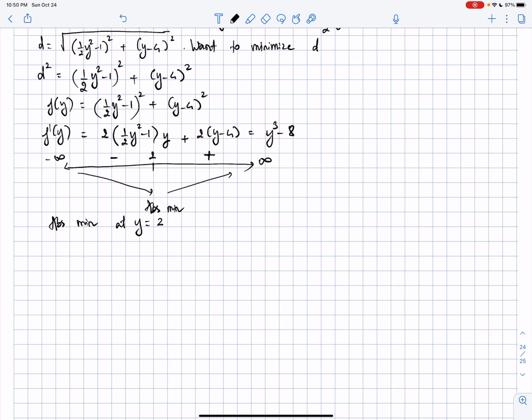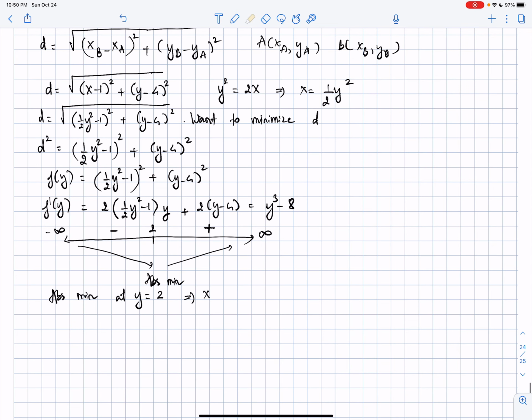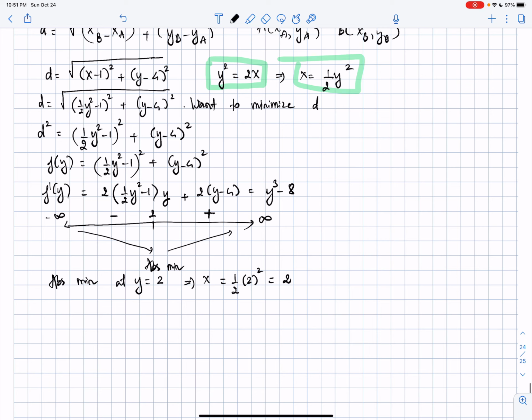Then to find the x, we will plug into here. So x equal 1/2 times 2 squared, and that gives us 2. So the closest point on the parabola has to be (2, 2).